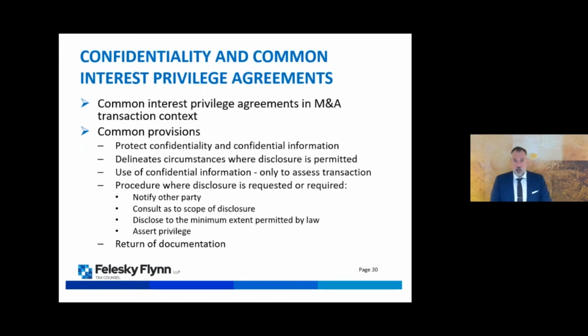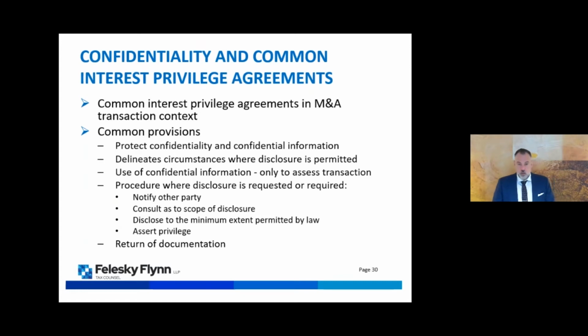Often in an M&A context, that common interest privilege will be formalized in the form of a confidentiality and common interest privilege agreement. And this is put in place to formalize the exchange of documents and try to protect privilege to the greatest extent possible.